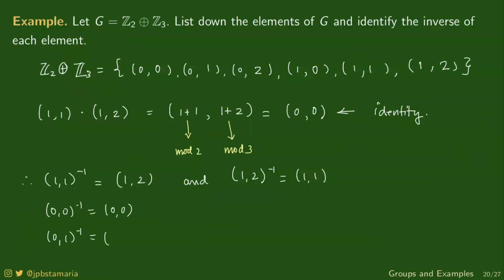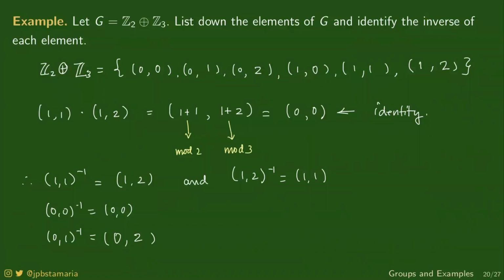Sige nga, can you tell me what will be the inverse of 0, 1? Ang gagawin nyo lang, inverse nung una sa Z sub 2, which is 0, inverse ng 1 sa Z sub 3. May formula tayo ng inverses for Z sub n, di ba? Yes. 3 minus 1, the answer is 2.